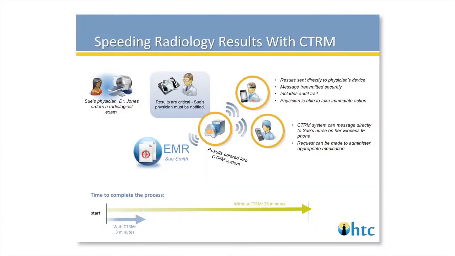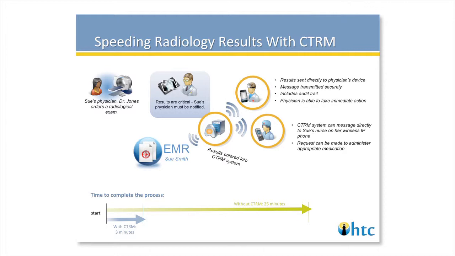With a CTRM system, you can greatly automate that process. The process would start in a similar manner. The patient, Sue, would see her physician. Dr. Jones would diagnose the exam. But now, rather than having to go through a manual process, the critical results would be sent directly from the radiology system, the PACS, and so forth. It would be sent to the correct physician.